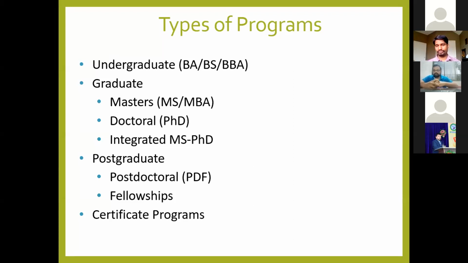There are undergraduate programs also. A lot of students come here for undergraduate study as well after their 12th. There are different exam requirements, which we will not focus on today in this presentation.